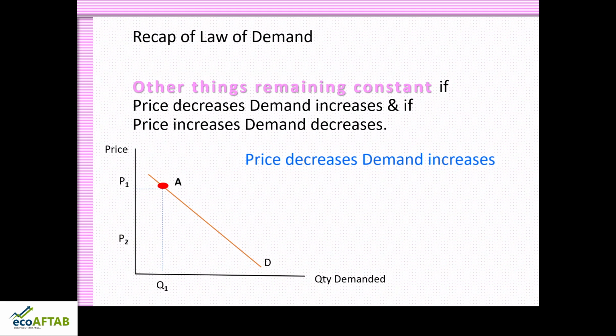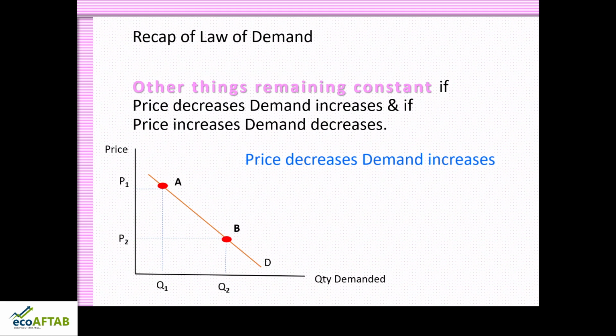Correspondingly, the consumer will move from point A to a new point, and that is point B. So you can see the consumer has slid from point A to point B. Now at this new point, the consumer is buying Q2 amount of quantity. Initially it was Q1 and now it is Q2.